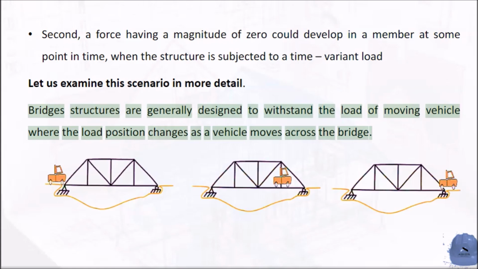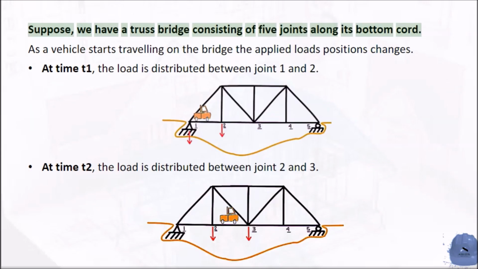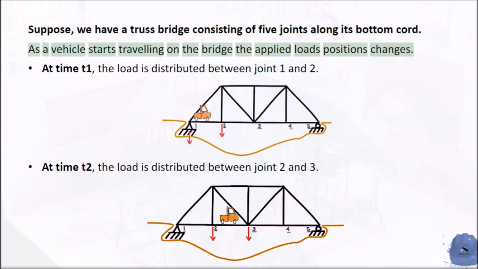Bridge structures are generally designed to withstand the load of a moving vehicle, where the load position changes as the vehicle moves across the bridge. Suppose we have a truss bridge consisting of 5 joints along its bottom chord. As a vehicle starts traveling on the bridge, the applied load's position changes.